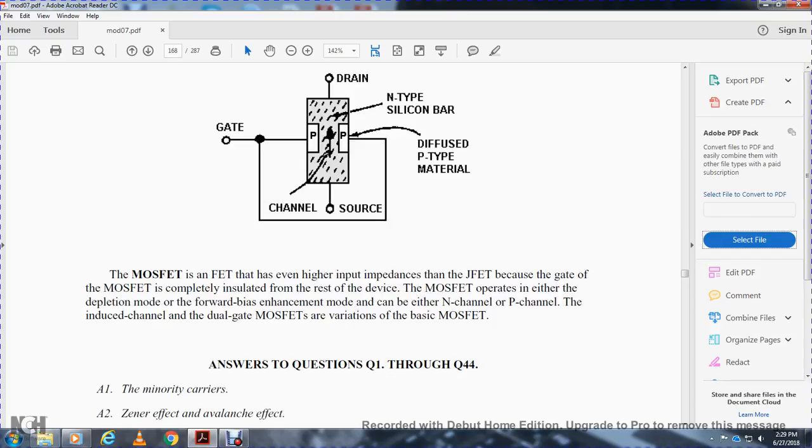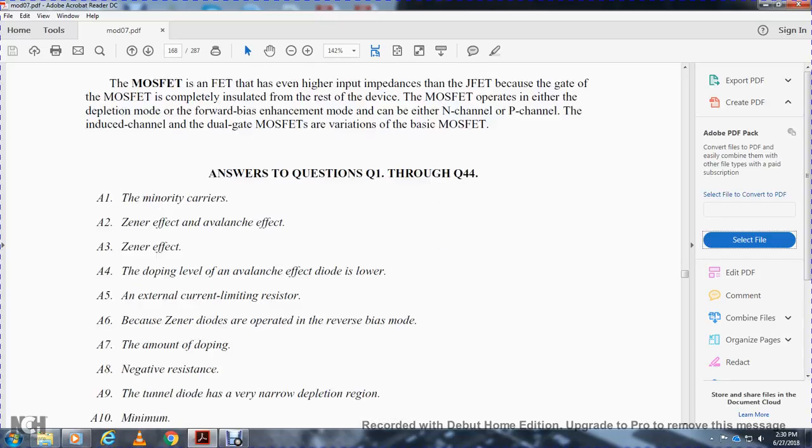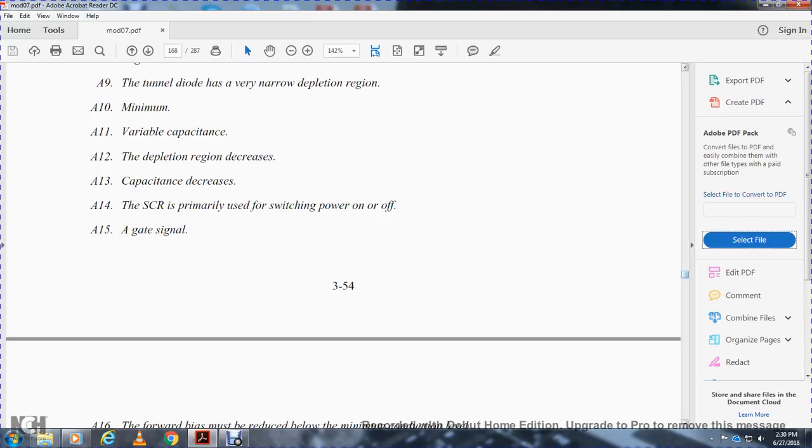The MOSFET operates in either the depletion mode or the forward bias enhancement mode, and can be either N-channel or P-channel. The induced channel and the dual gate MOSFET are variations of the basic metal oxide semiconductor field effect transistors. And that is the Chapter 3 summary.